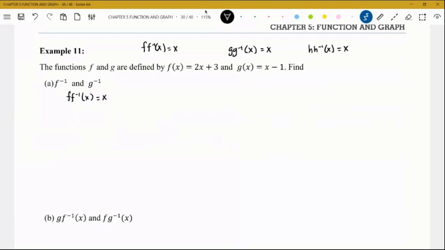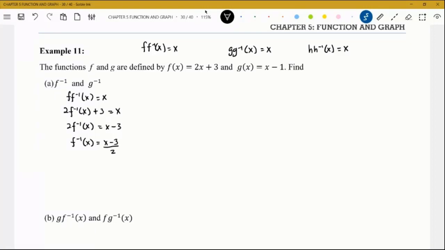Okay. So we can have F inverse equal to X. So we substitute the X here with F inverse. So 2F inverse plus 3 equal to X. So we make the F inverse as a single subject on the left hand side. We have to divide by 2.